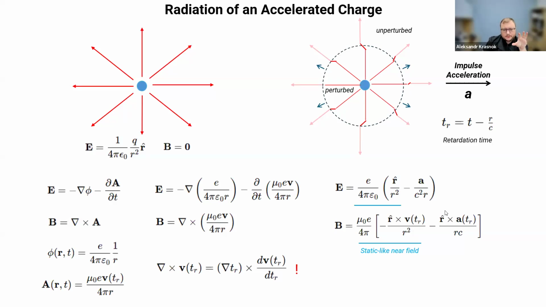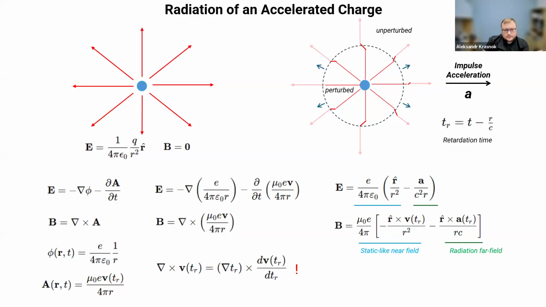However, we also get the second term in these two equations, which is inversely proportional to r to the power 1, right? So it's inversely proportional to r. This function 1 over r decays much slower than 1 over r squared. 1 over r squared decays much faster as I go away from the charge.